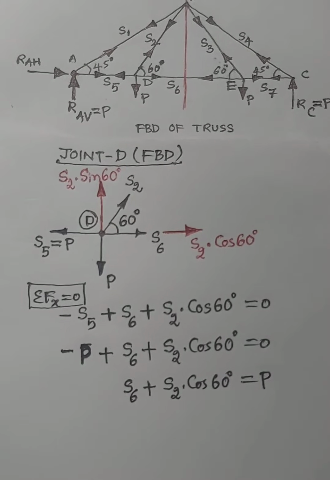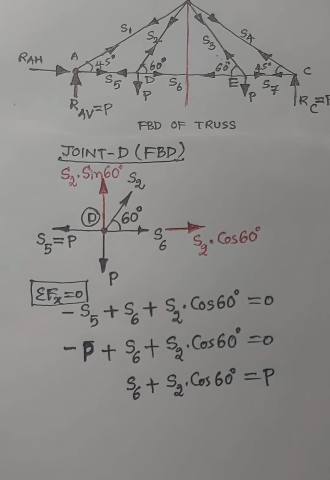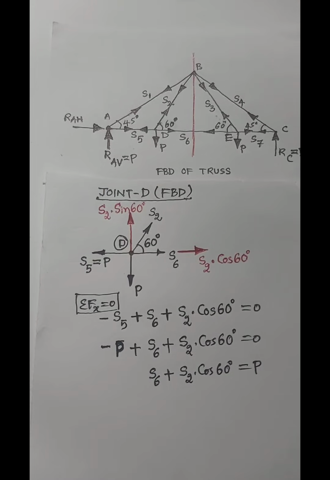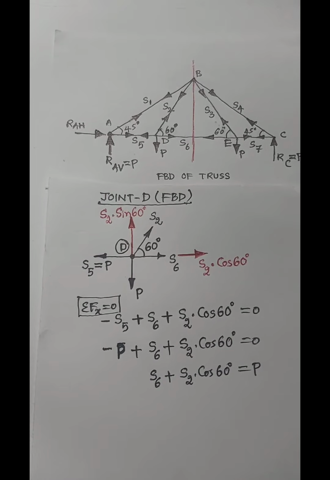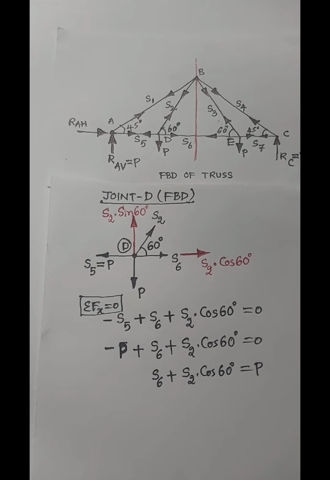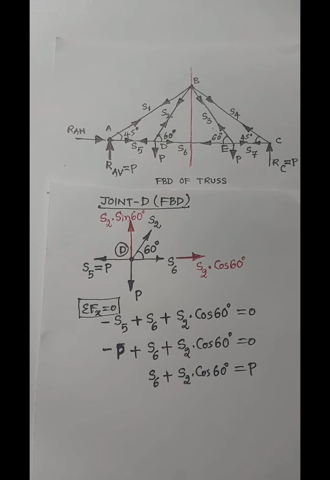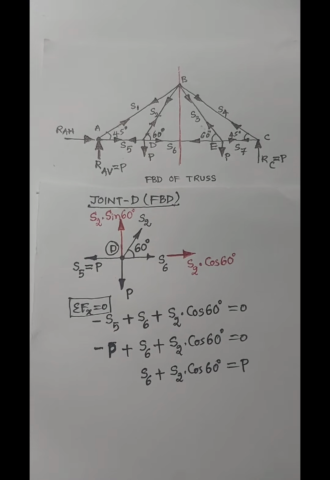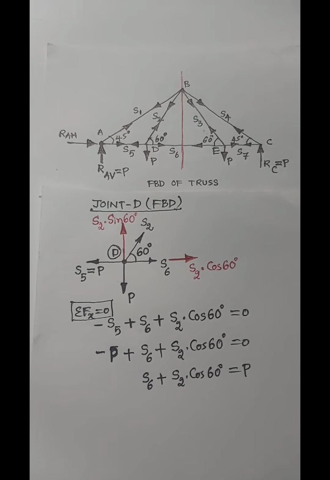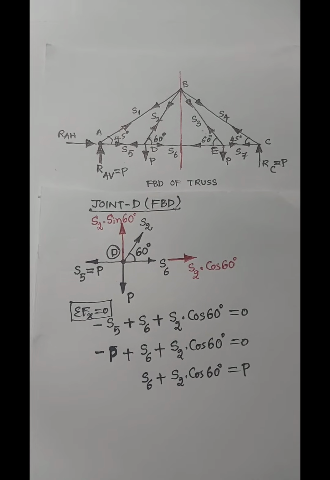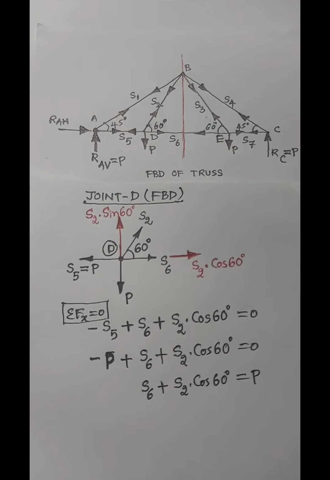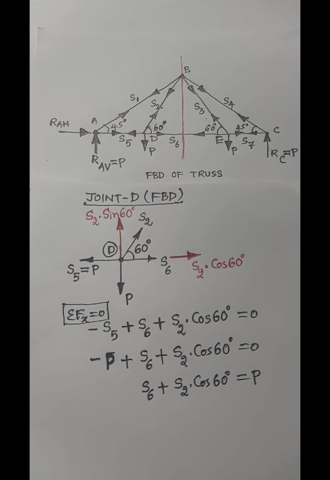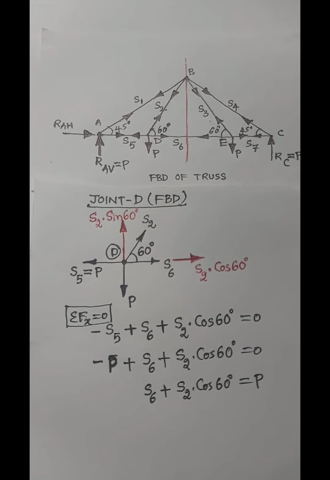Then apply summation of forces along y direction equal 0. On observing the free body diagram of joint D, the number of forces acting along y direction is 2. One is P, which is acting downward, and another is S2 into sin 60 degrees, which is acting vertically upward.